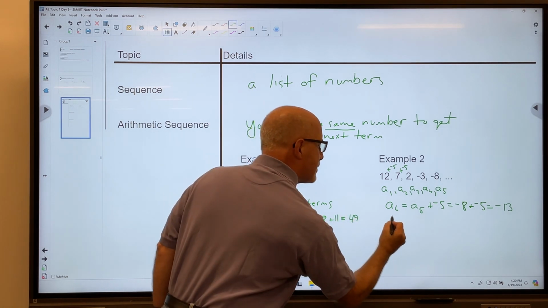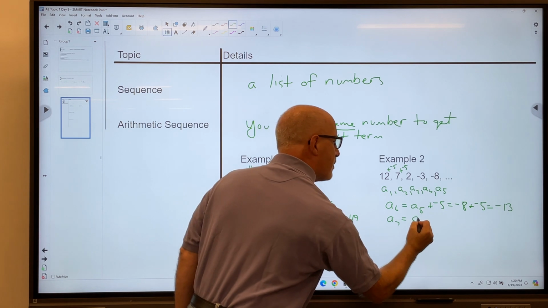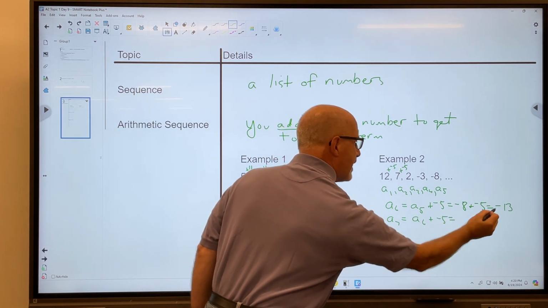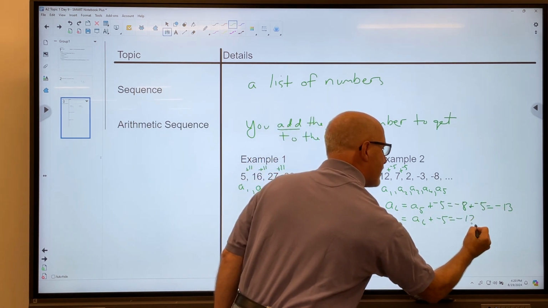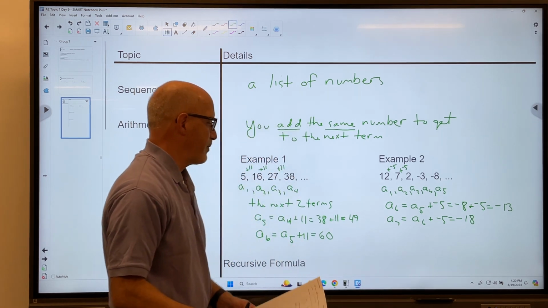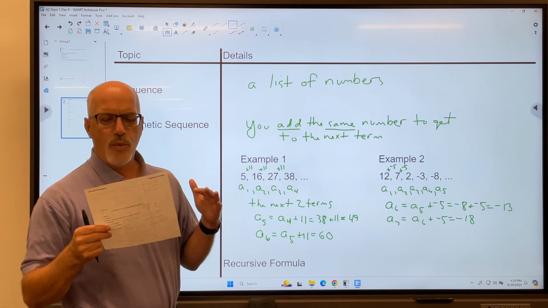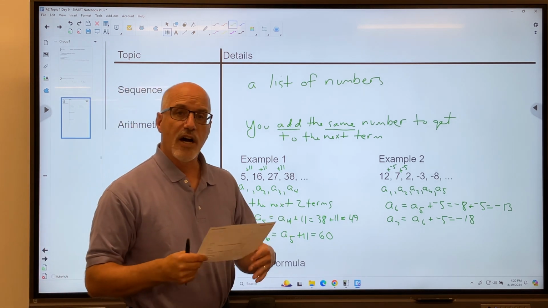Same thing for a sub 7. I'm going to take the sixth term, I'm going to add negative 5 onto it, and negative 13 plus negative 5 gives me negative 18 for that term. So what's really important to describe these is to know what the first term is and what it is we're adding on each time.